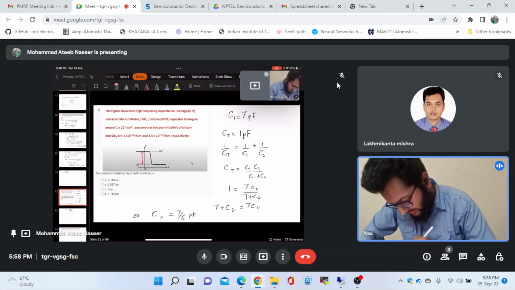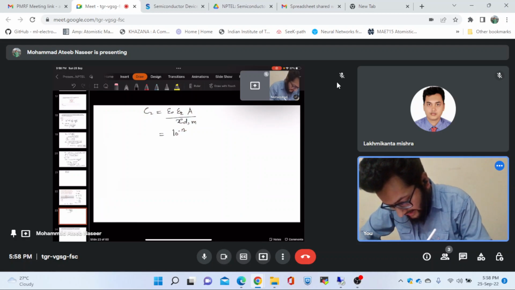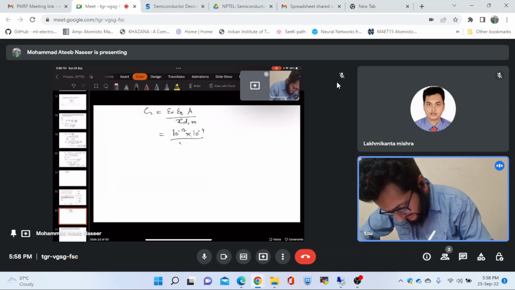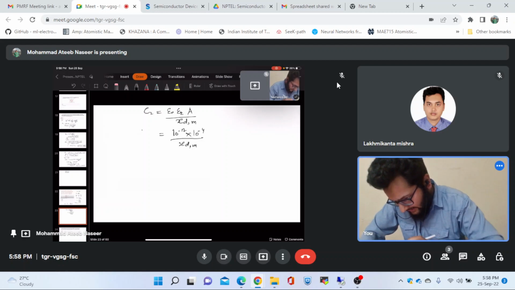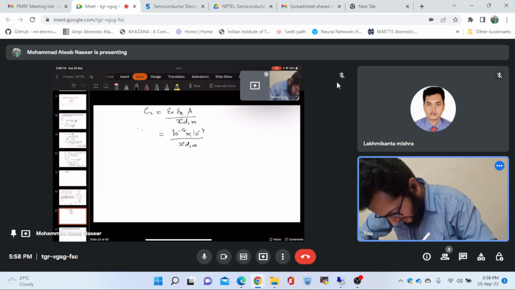So this is silicon permittivity, epsilon naught 10 to the power minus 12, and epsilon r multiplied in is 8, and A is taken to be equal to 10 to the power of minus 4, divided by XD max, and this came out equal to 7 by 6 into 10 raised to the power minus 12 picofarad.